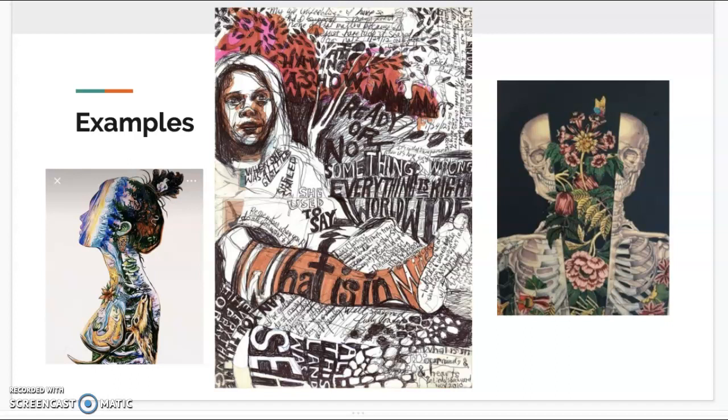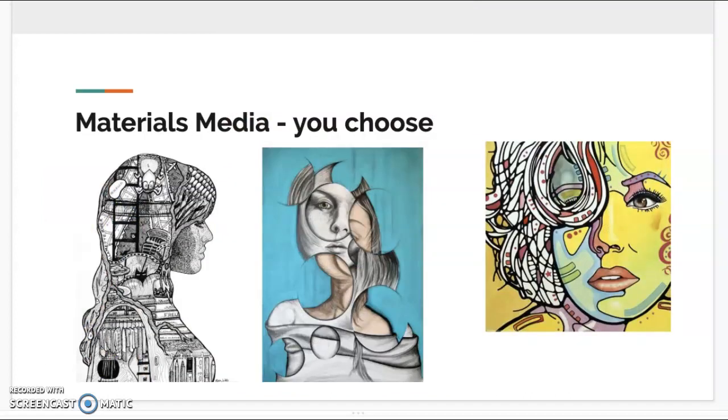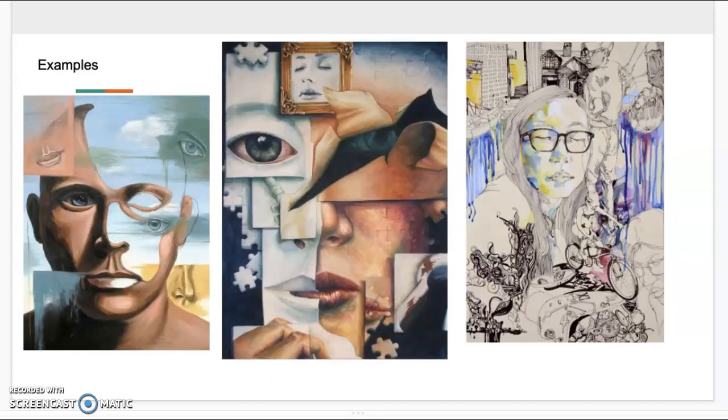Maybe a silhouette of yourself like this one here incorporates different things. Maybe you're a nature lover, or maybe you have a social cause, or you have a lot of words or lyrics or music that influence you. So materials and media you choose: you could use markers, colored pencils, regular pencils, pen and ink, or a combination of those things.